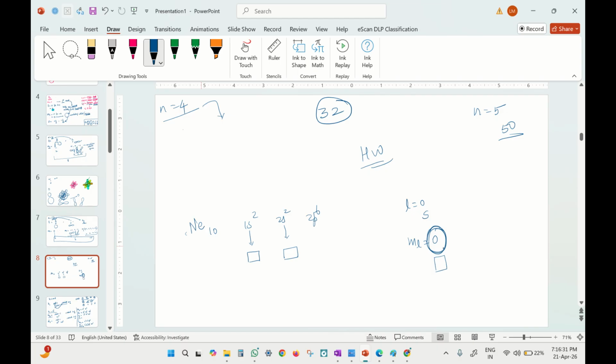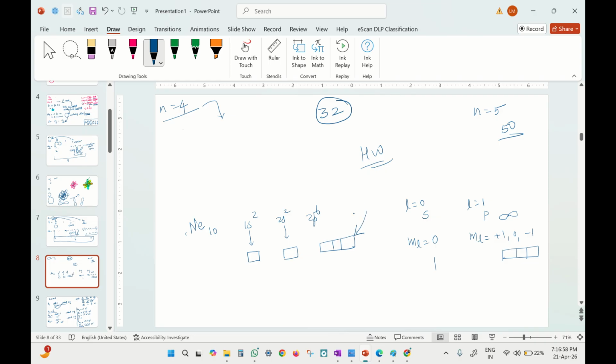So if L is equal to 1 represents P subshell, then what are the orientations possible? Isn't it +1, 0, -1? And we know the shapes. Instead of drawing the shape, I'm going to give you the block diagram saying that these are the p subshells. The subshells or the orbitals do not look like these. These are only representations.